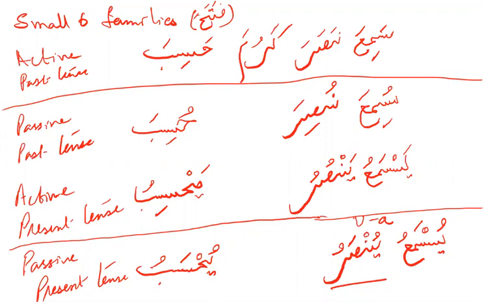So karuma, and its active present tense is yakrumu. Excellent. But it won't have a passive. So in the small six families, there's only one family, the karuma family, that does not have any passives. All of the words coming from this family will always be intransitive, and so they will not have passives.